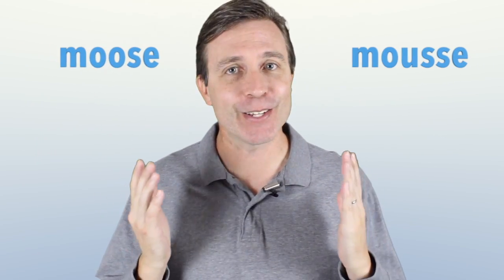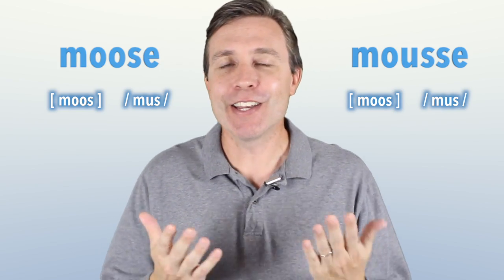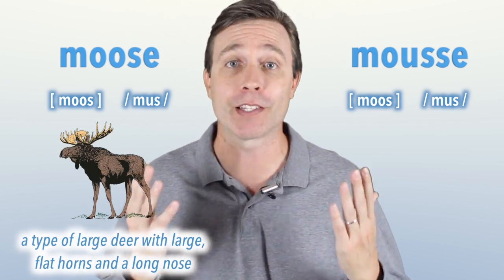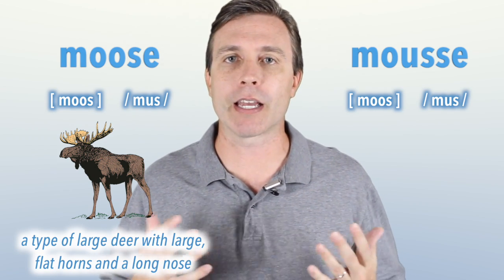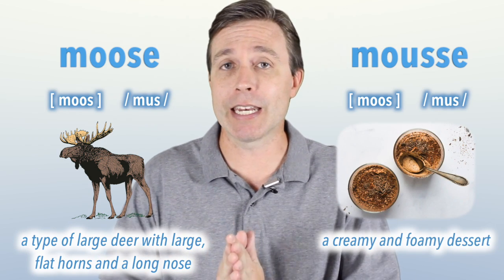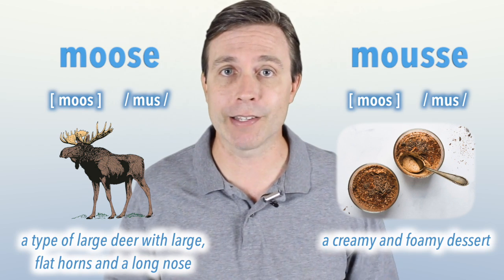Mousse and, you guessed it, mousse. All right, these words are homonyms, and you may be familiar with this moose, that large mammal that's part of the deer family. And this other mousse is talking about that creamy and foamy dessert, and it's actually a French word because the dessert comes from France.